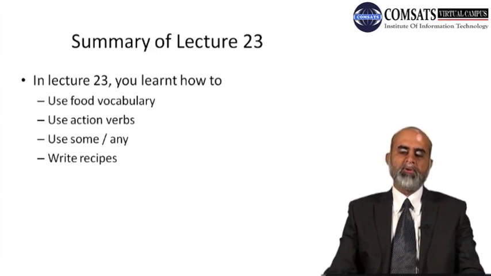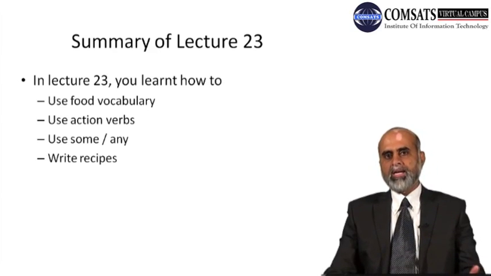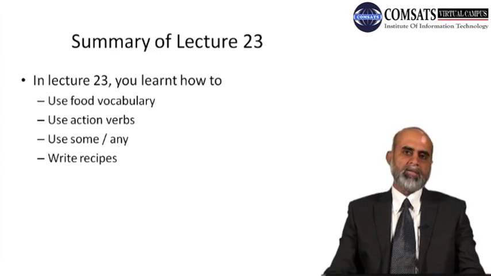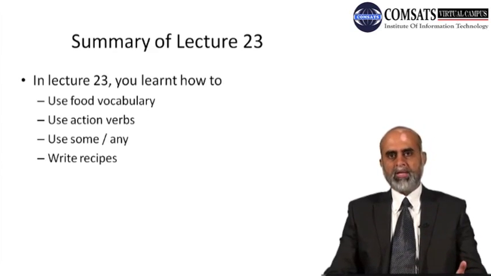And finally, you learned how to write a recipe. We learned that a recipe has basically two parts in it. It has ingredients, and it also has the method or preparation. Your method should always be written in a series of steps.